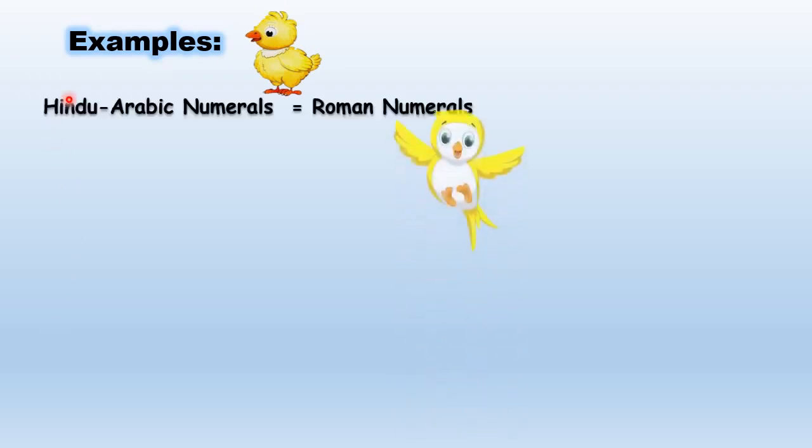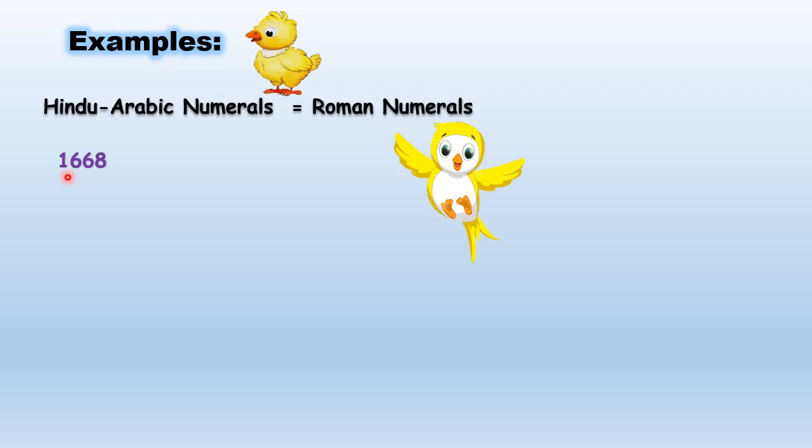Now children, let's take examples of how to change Hindu Arabic into Roman numerals and how to change Roman numerals into Hindu Arabic. Let's see first Hindu Arabic into Roman numerals. Suppose our number is 1668. It is written in Hindu Arabic and we have to change it into Roman numerals.